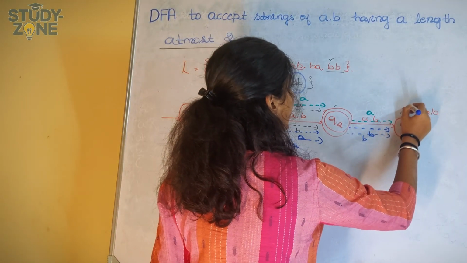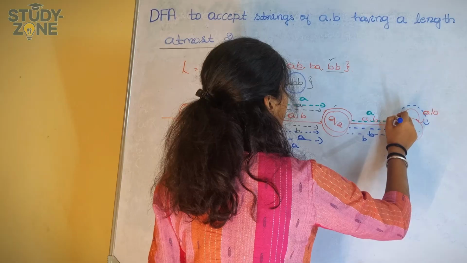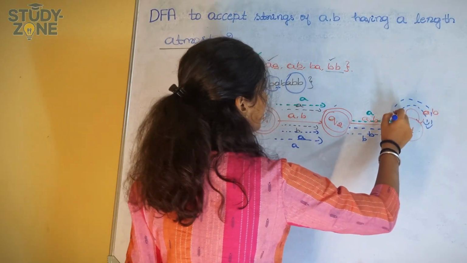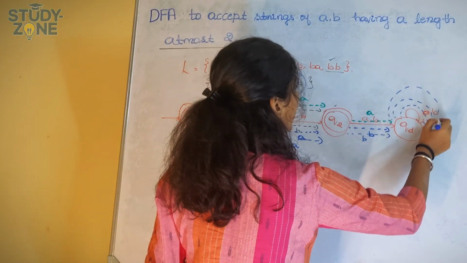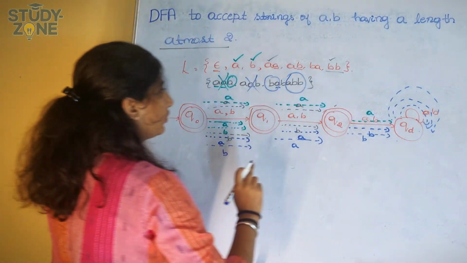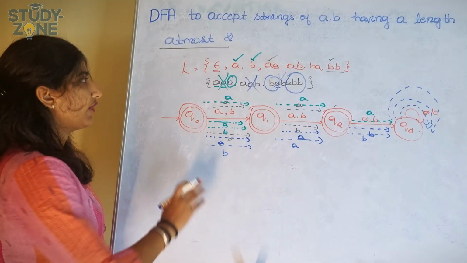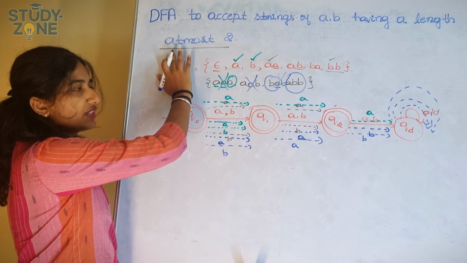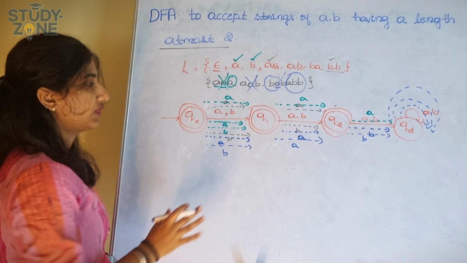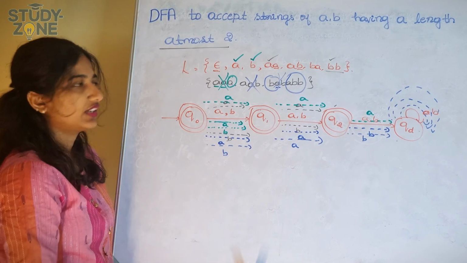So QD on A will stay in QD only, QD on B will stay in QD only, and QD again on B will stay in QD only. So this one is also getting rejected. So our transition diagram is proper because all our conditions are satisfied with the help of the transition diagram.